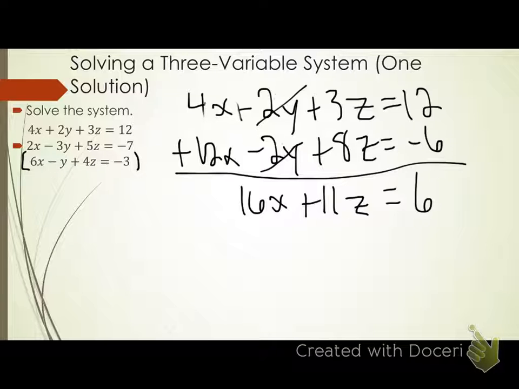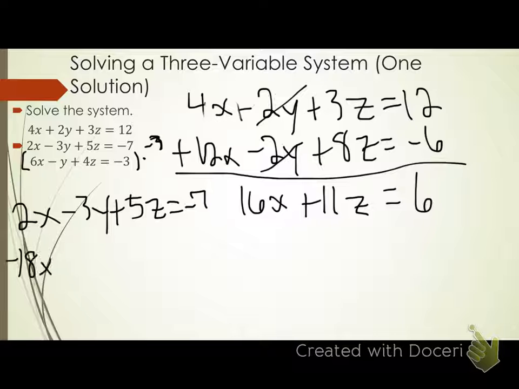To get a positive 3 in front of the y variable in my third equation, I need to multiply the third equation by negative 3. So I'm just going to rewrite my second equation, 2x minus 3y plus 5z equals negative 7. Multiplying my bottom equation by negative 3, I get negative 18x plus 3y minus 12z equals positive 9.